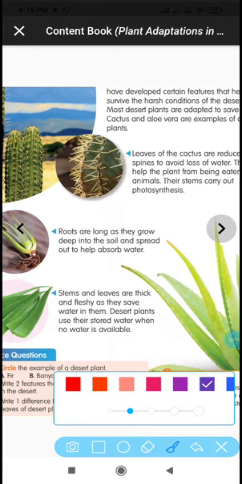Are you able to see? The spines of the cactus plant are actually the leafy parts. These leaves in desert plants, especially cactus plants, are modified into spines to save the water.